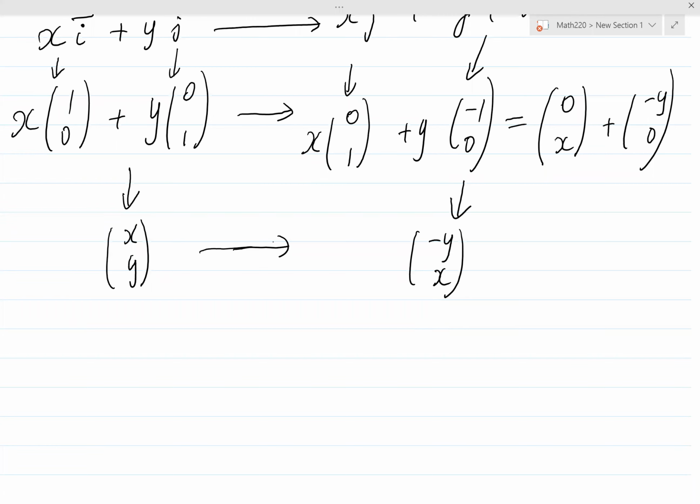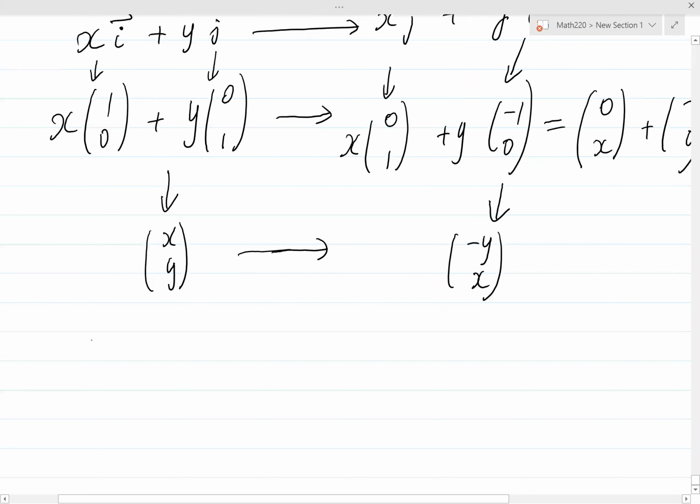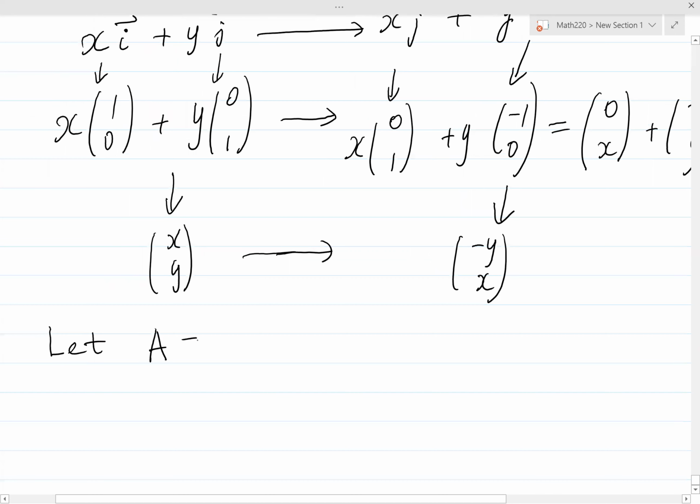Now we use some object to represent this operation, the rotation. We let A be this object: 0, 1, and negative 1, 0. What is this thing? It's a 2 by 2 matrix.